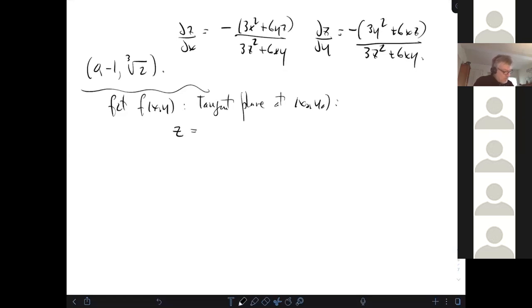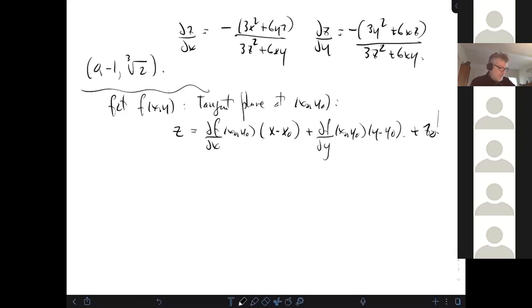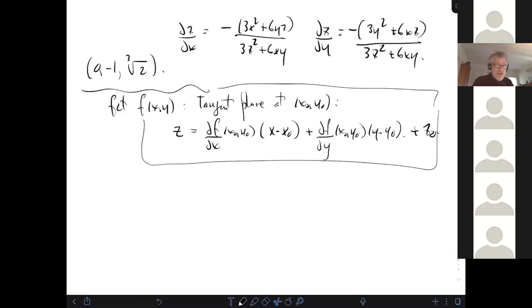You have to go back in your notes to the section on linear approximation, and this is what we got: del f del x at (x0, y0) times (x minus x0), plus del f del y at the base point times (y minus y0), plus z0. This would be the tangent plane to the graph of f.